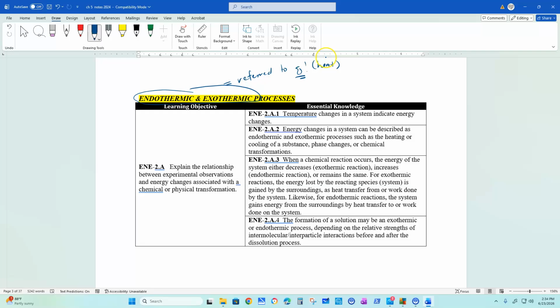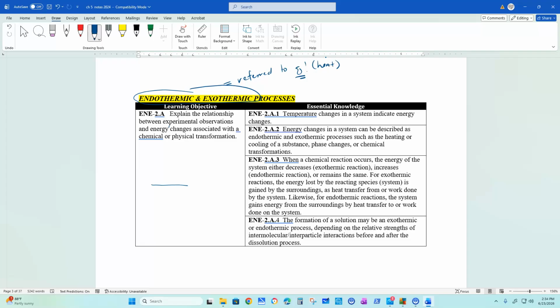So in our learning objective 2.A, explain the relationship between experimental observations and energy changes, delta E, associated with a chemical or physical change. So temperature changes in a system indicate energy change. So when you change the temperature, you're going to also change energy. Okay, whether it's positive or negative, we need some numbers.